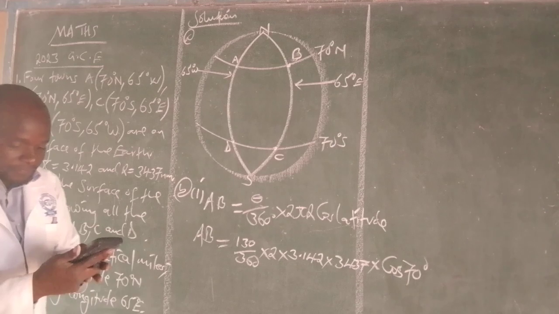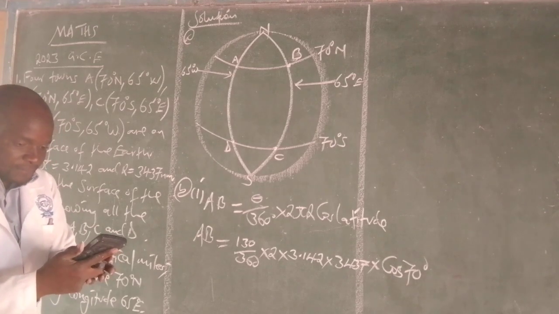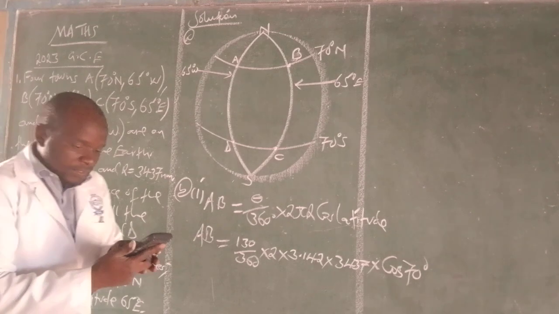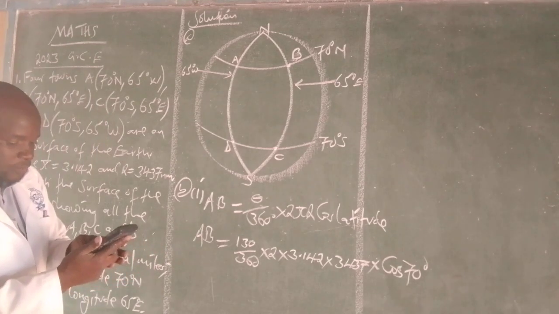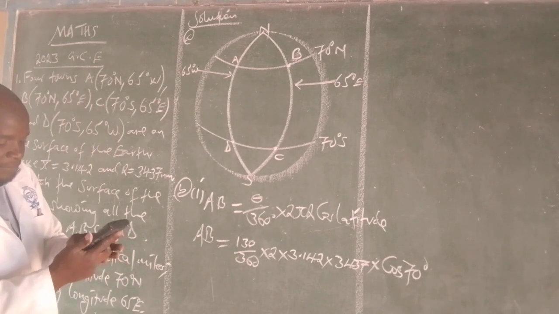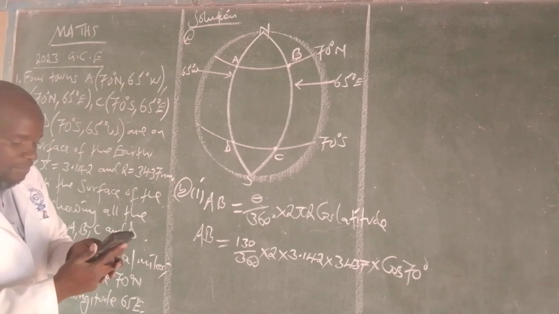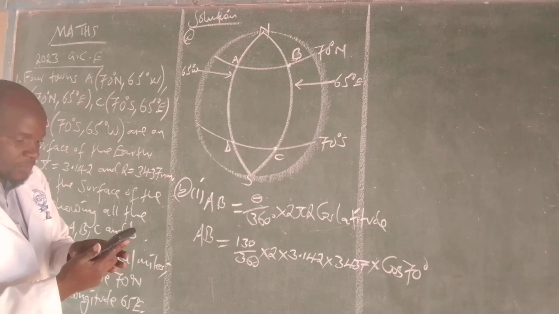Then we punch those figures until we get the answer. So now we have 130 divided by 360, then multiplied by 2, multiplied by 3.142, multiplied by 3437, multiplied by cos 70.